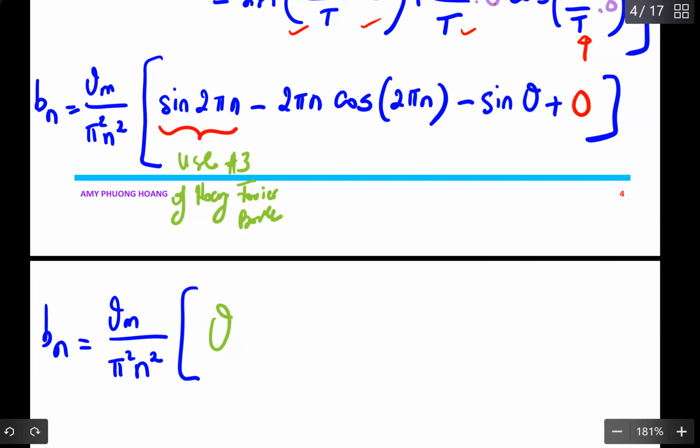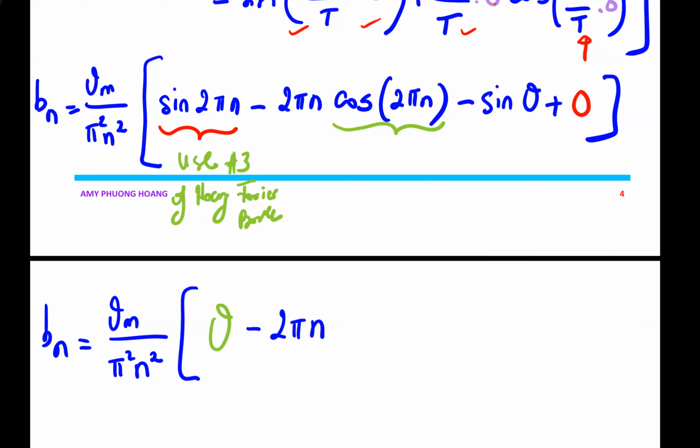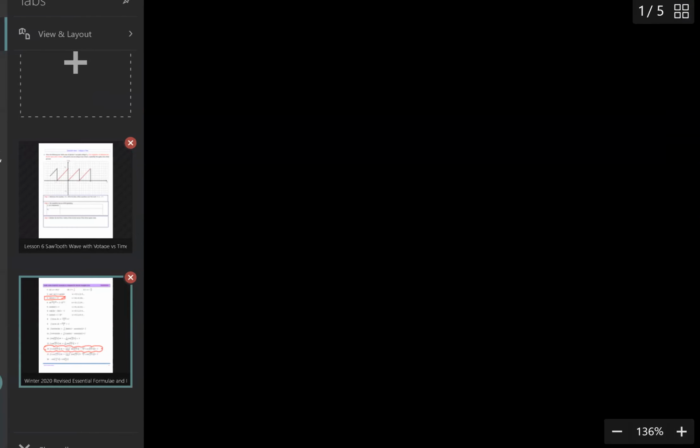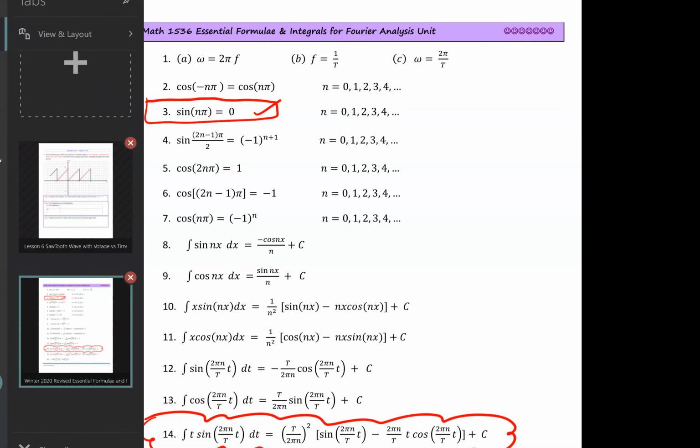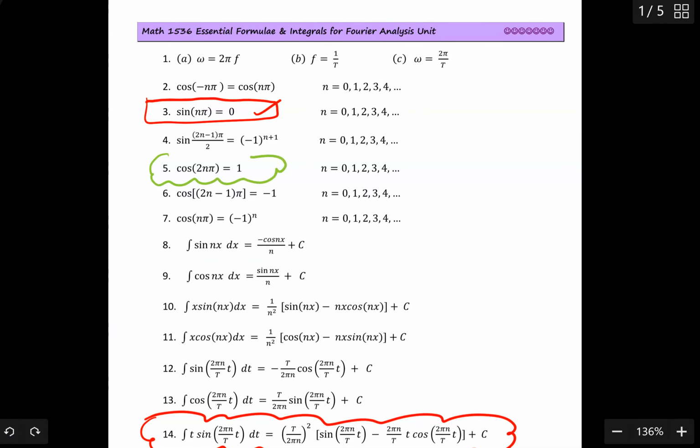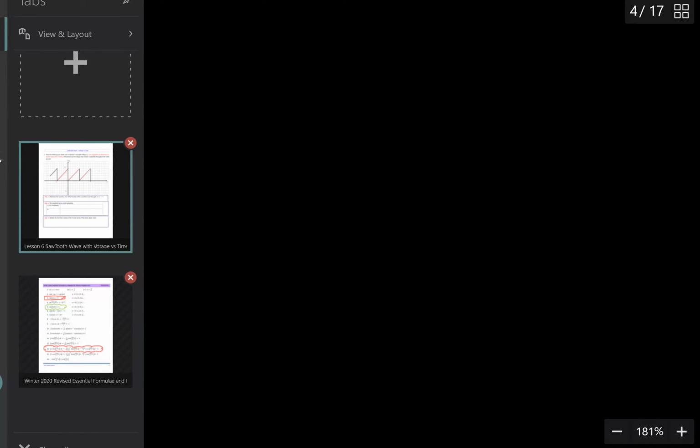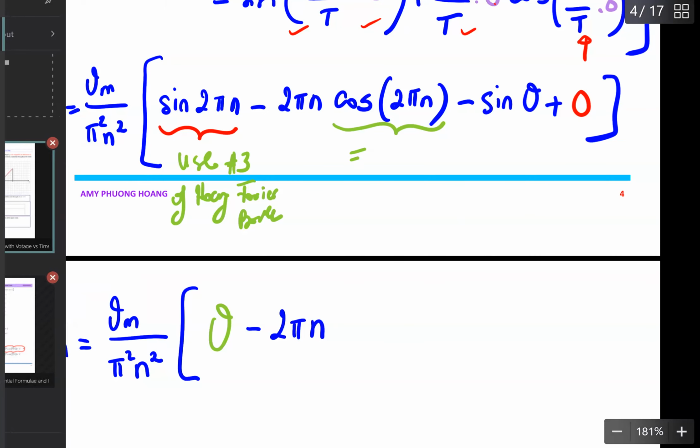Now minus 2 pi n, and I am going to look for the formula to find cos of 2 pi n. Let's go back to this formula sheet again, and right here is my cos of 2 pi n is equal to 1. So number 5.